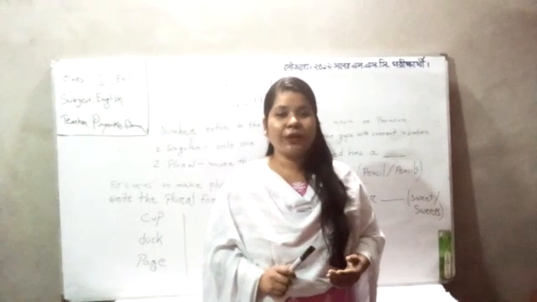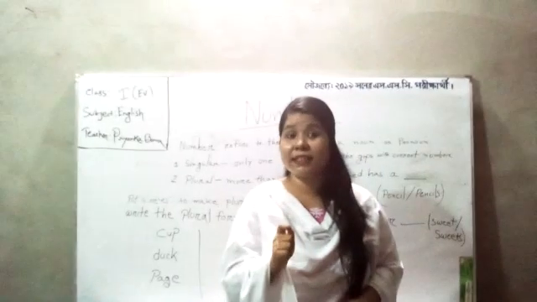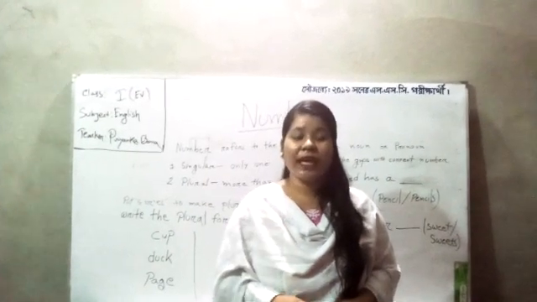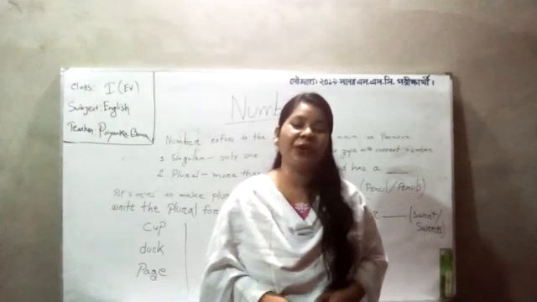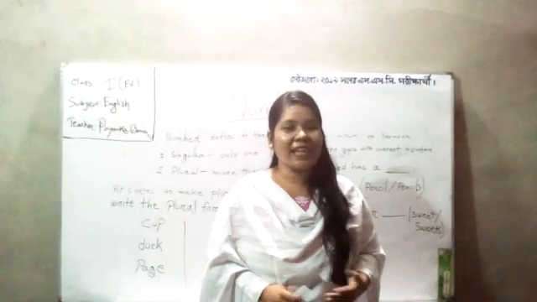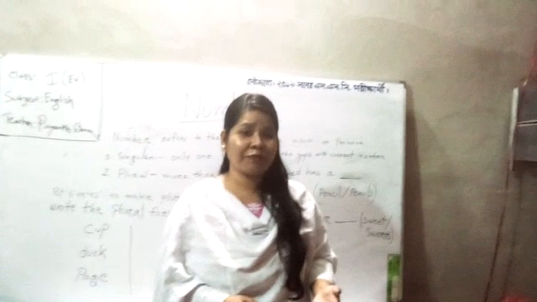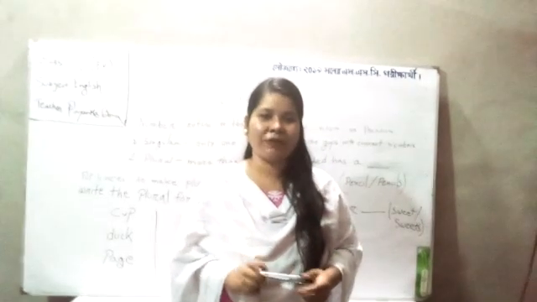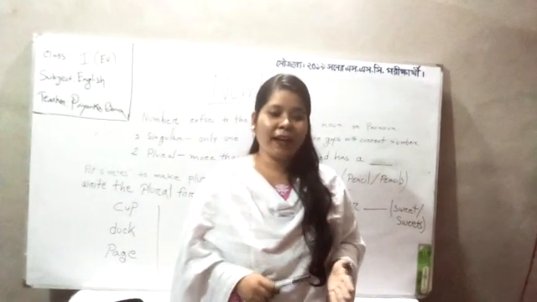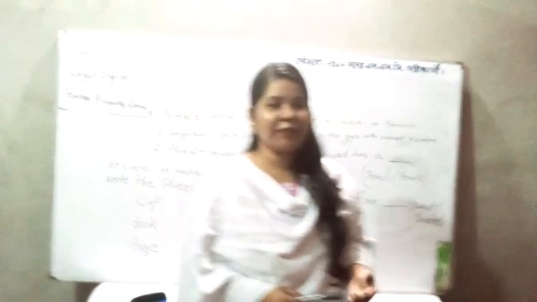Okay, so number, as we know, actually denotes counting. It actually refers to counting a noun or pronoun. So number means the counting of the quantity of anything, or to show the exact digit of something. There are two types of numbers, singular number and plural number.